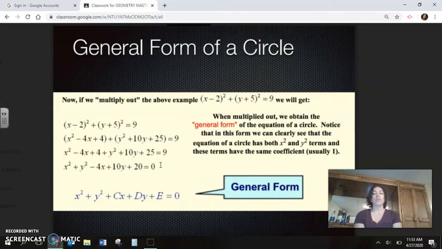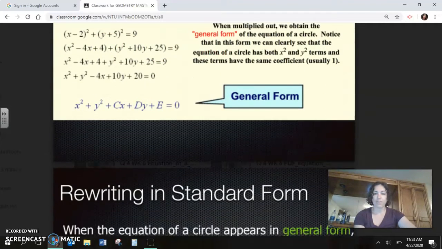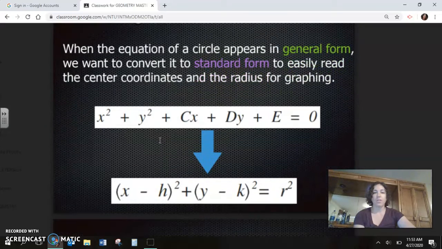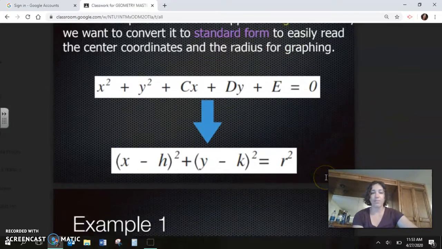And so this general format is sometimes given to you, and you have to know how to get it from there back to this equation so that you can graph it easily. So we're going to try that. We're taking it from this standard equation, and we want it to look like that so we can say what the center and the radius is of a circle, or we can graph it if needed.